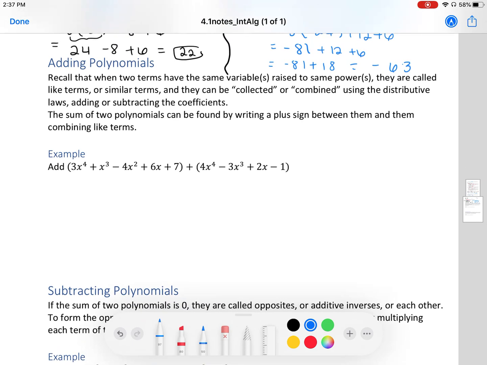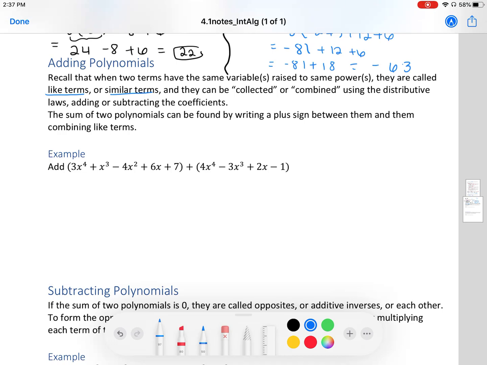Adding polynomials. Recall that when two terms have the same variables raised to the same power, they're called like terms or similar terms, and they can be collected or combined using the distributive laws, adding or subtracting the coefficients.